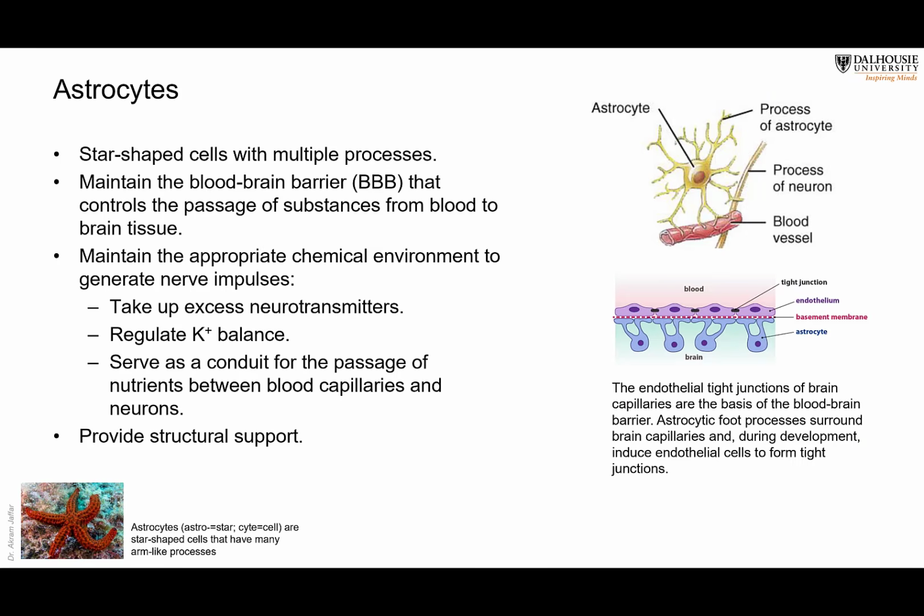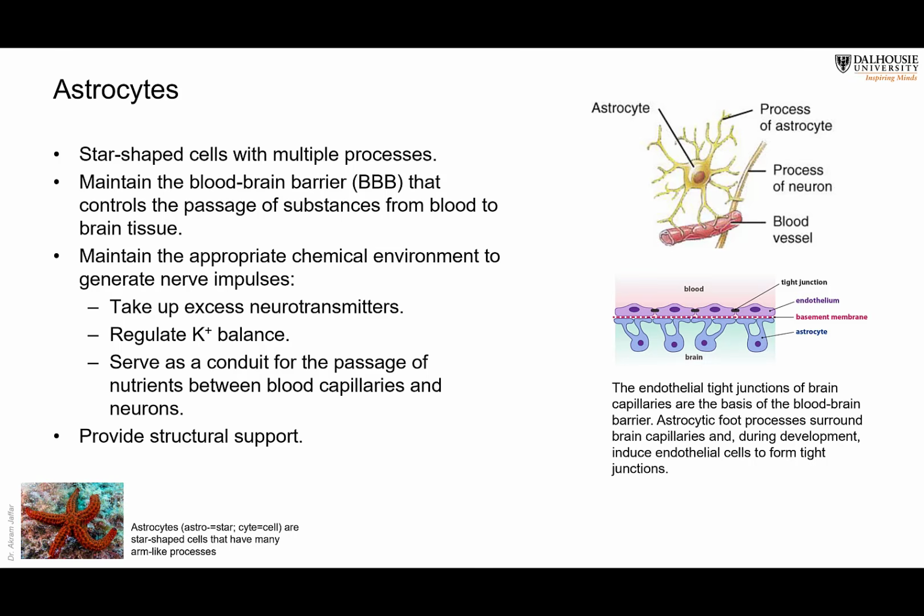Let's deal with each one of them separately. Astrocytes, as the name indicates, astro means star, like in astronomy, astrology. So astrocytes are star-shaped, and you can see they have multiple processes. They are important for maintaining what we call the blood-brain barrier, BBB.